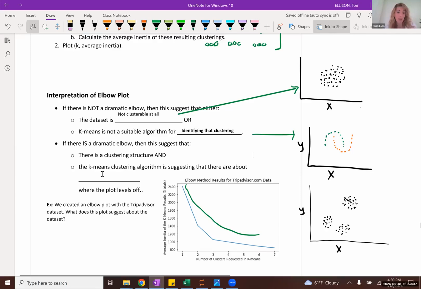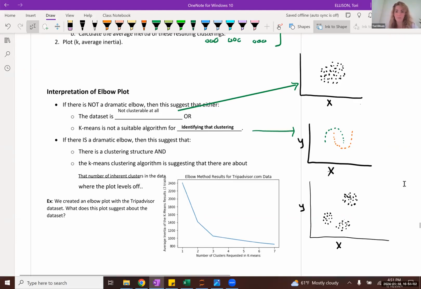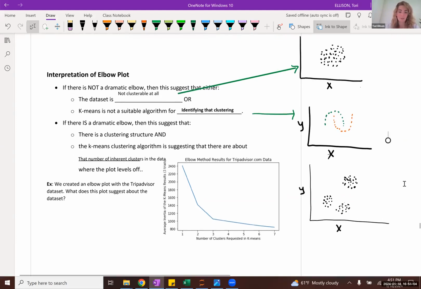I'll wrap up here. On the other hand, if you do see a dramatic elbow, then number one, it does suggest there is a clustering structure in the data set. And furthermore, the k-means clustering algorithm is suggesting that there are about that number of inherent clusters in the data at the point in which you start to see the plot leveling off.